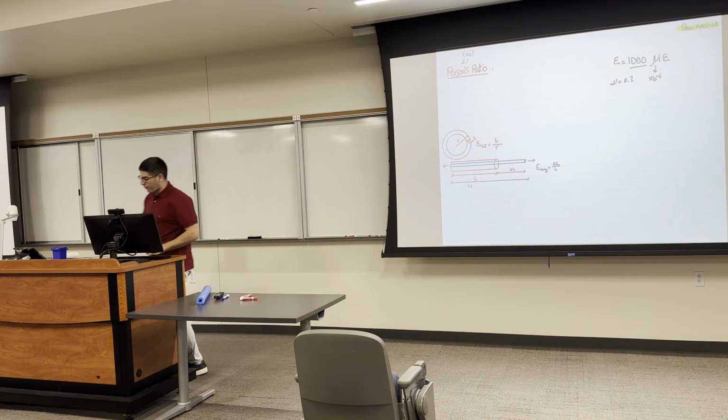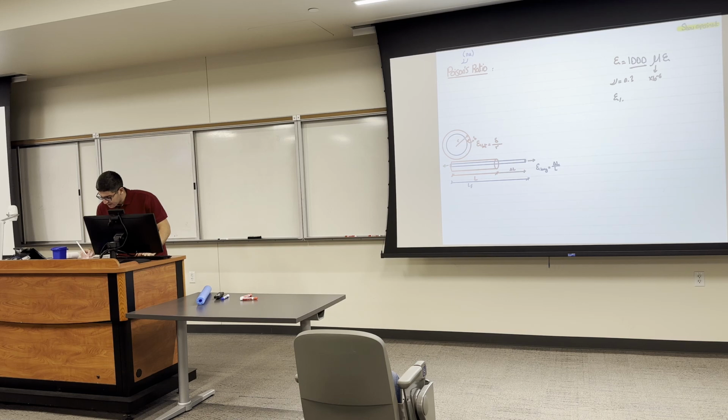So if I want to find the lateral strain, I would say 1,000 times 0.3. Okay? So if we want to write an equation for that, I would say lateral strain is equal to nu, the Poisson's ratio, times the axial strain.